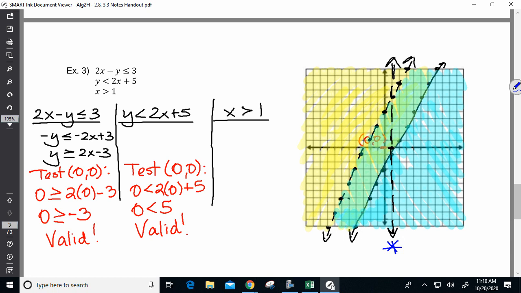So now I need to test another point. I need another point that's not on that line. And you know what? I'm going to use 0, 0 again, because it's not on that line. As long as 0, 0 is not on that line, I can use it as much as I want.